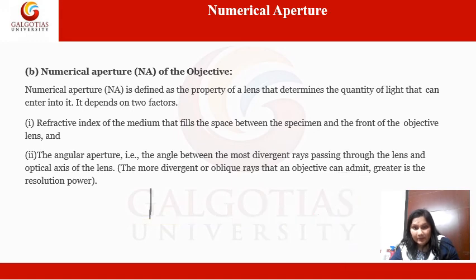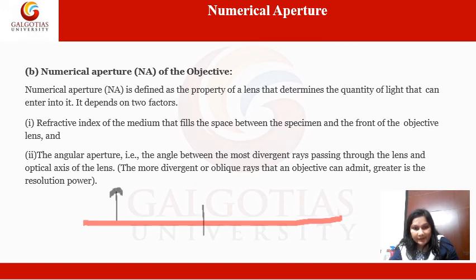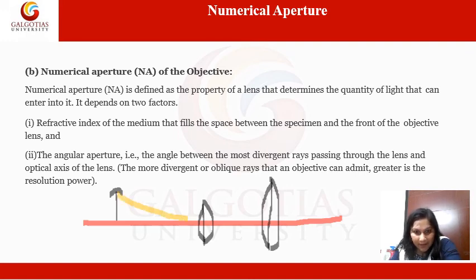Just a minute, giving you one more example. This is the optical axis. This is your object. This is your first lens and this is your second lens. This is the ray passed through C and this is the ray passed through the focal length of this smaller lens.